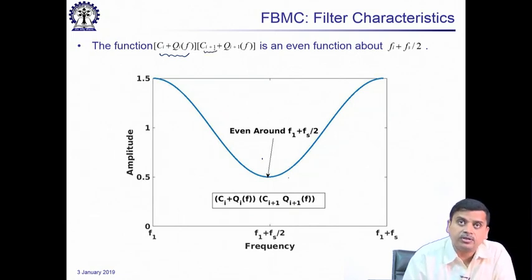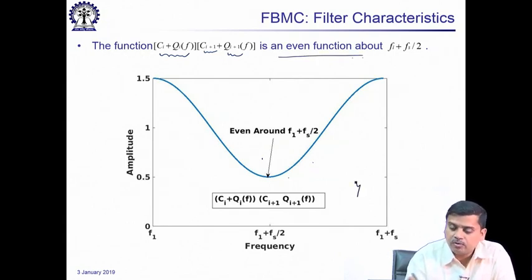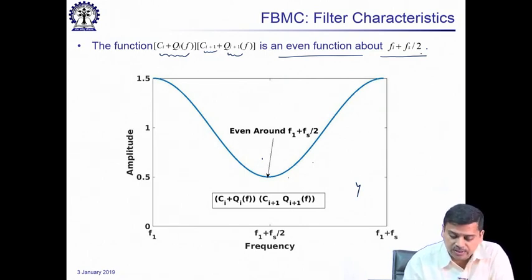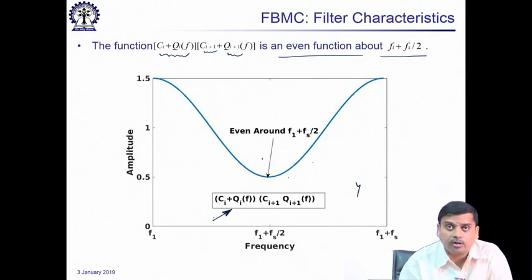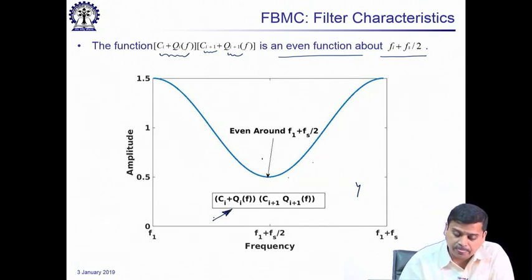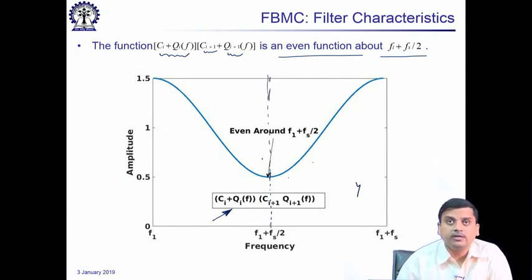So, this is Ci plus 1 and Qi plus 1, that means the neighboring one, and it is an even function about Fi plus Fs by 2, right. So, what we see over here is the response of Ci plus Qi of f. The product function as described above has to be an even function around Fi plus Fs by 2. So, around this it is an even function.